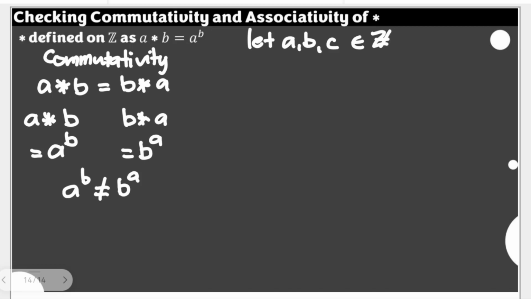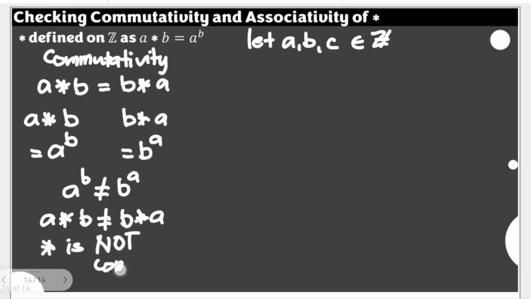That would mean that A star B is not the same as B star A, which means that star is not commutative, because we need to establish this for all elements of A and B, not just for a specific element.